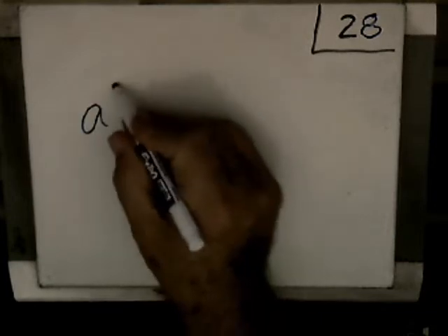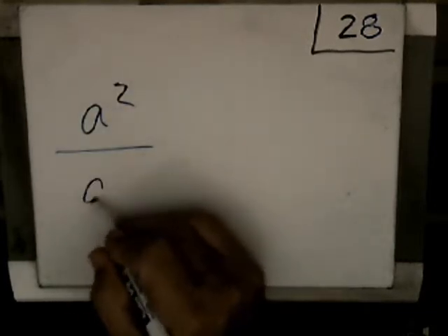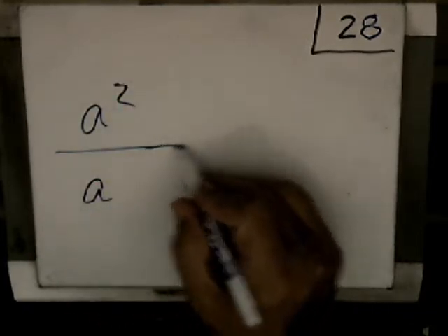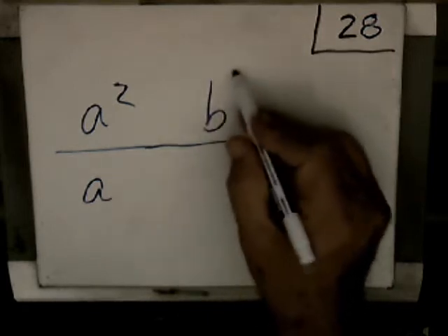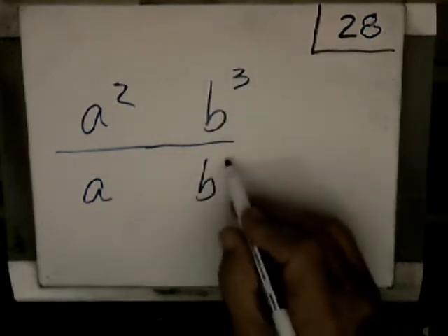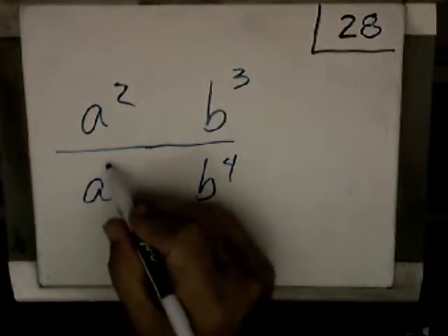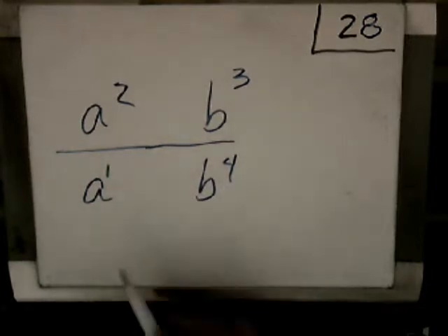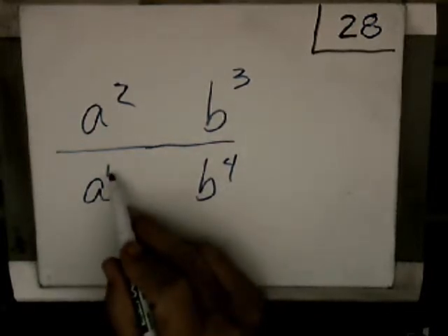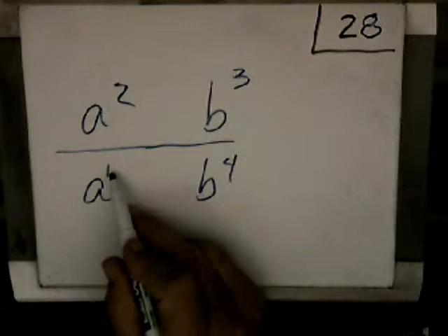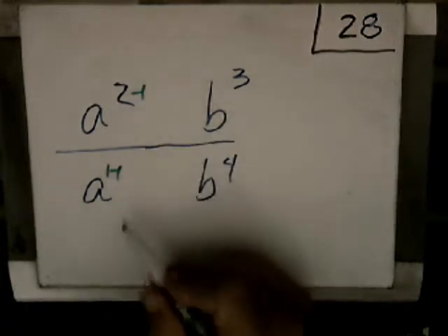So I had A squared over A, and I'm going to give myself some room, B cubed over B to the 4. The idea here is I always want to take away the smaller one. I want to turn the smaller one to a 0. Well, this is a plus 1, so I'm going to subtract 1 from here, and I'm going to subtract 1 from here.